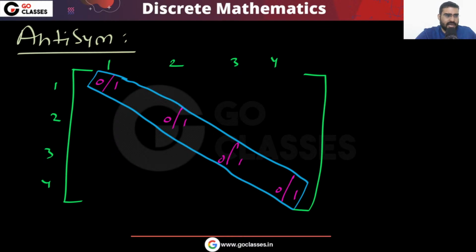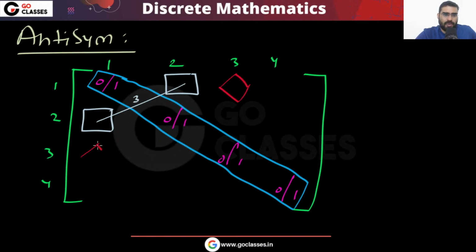The remaining thing is the same. For example, these two will have a total of 3 choices. Similarly, for 1, 3 and 3, 1, these two again have 3 choices. And for 4, 2 and 2, 4, they also have 3 choices.